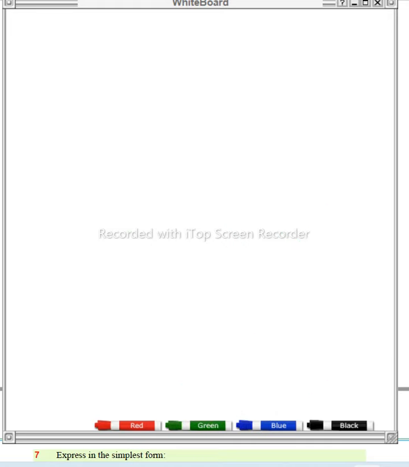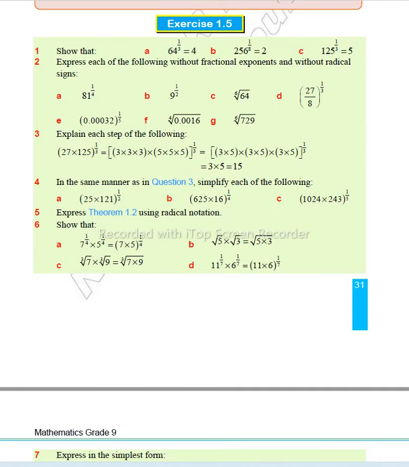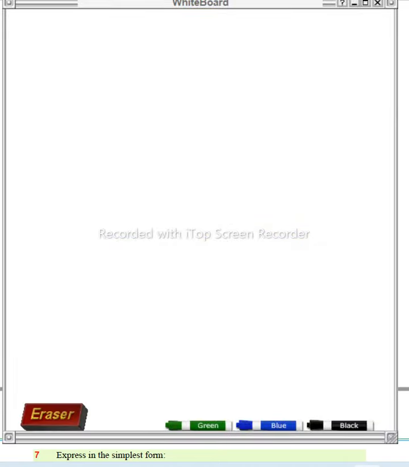The next question says, let us jump this and we have to do G. G says the 6th root of 729. Let us see this again.